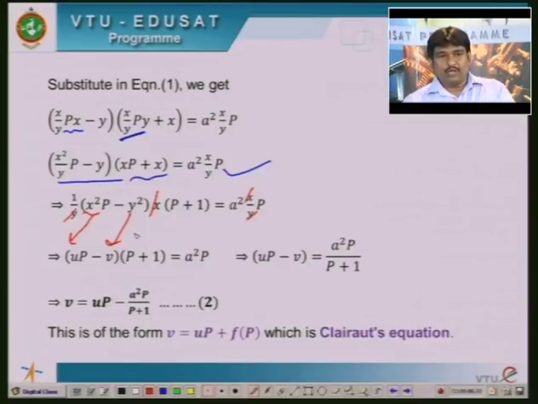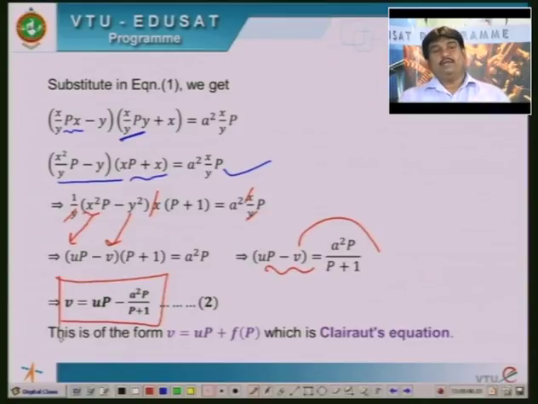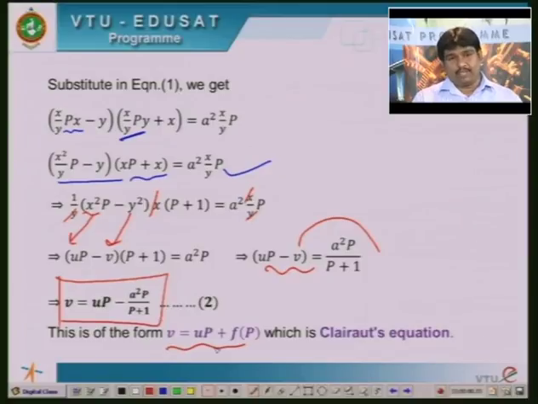Divide by P plus 1, so we get uP minus v equals a square P divided by P plus 1. Now transfer this to the right-hand side and take v to the left-hand side to get v as uP minus a square P divided by P plus 1. Now this is of the form v equals u into P plus some function of P, independent of the dependent and independent variables, containing only the derivative term.